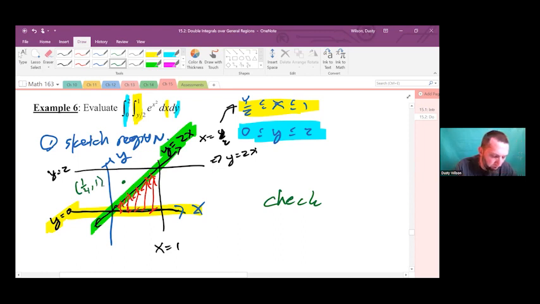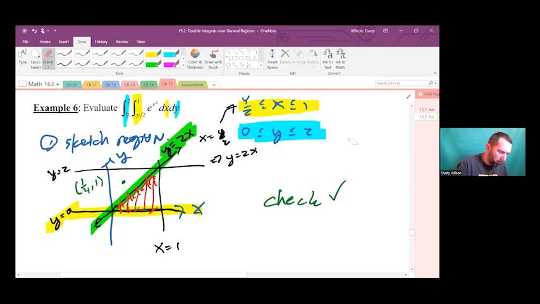So if I try 1/4 and 1 and I put it in here, the y's would work. But if I put 1 in for y, I'd have 1 over 2 is less than or equal to 1/4. Nope, that would fail. So that did not work. So we checked to make sure that we had the right region, and sure enough, it is the region that I've drawn.